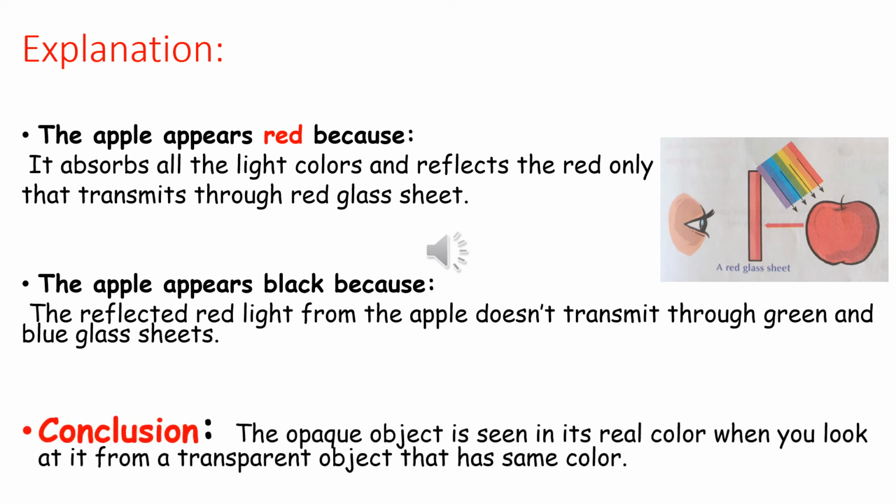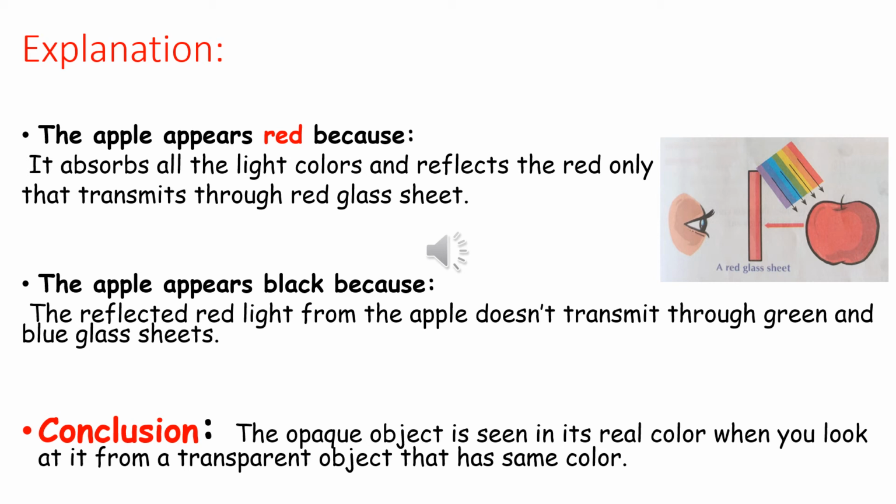Now let's see why the red apple appears red when we look at it through a red glass sheet. When the white light falls on a red apple, the red apple absorbs all the light colors and reflects the red color only. The reflected red light from the apple will pass through the red glass sheet.